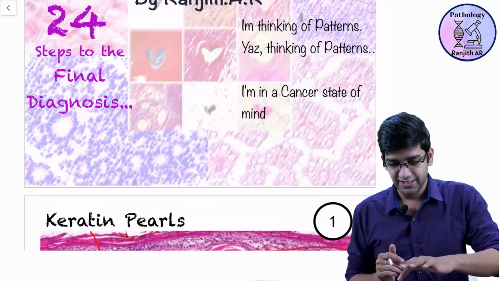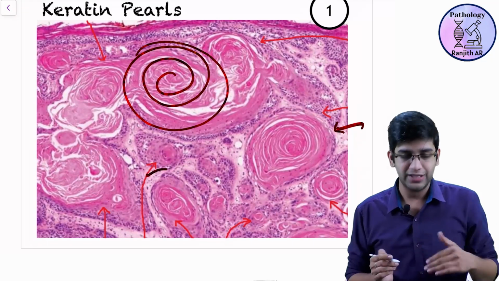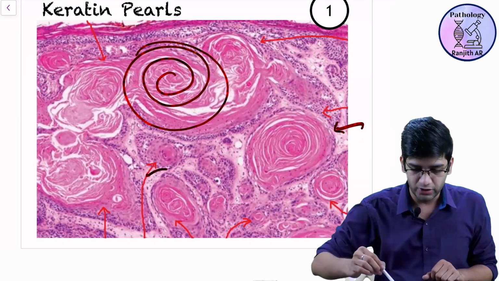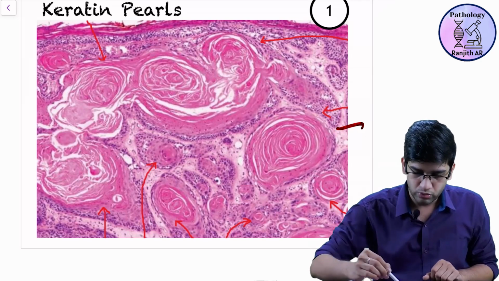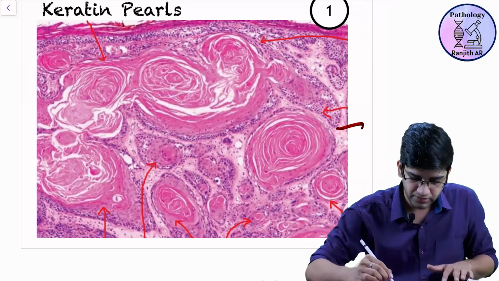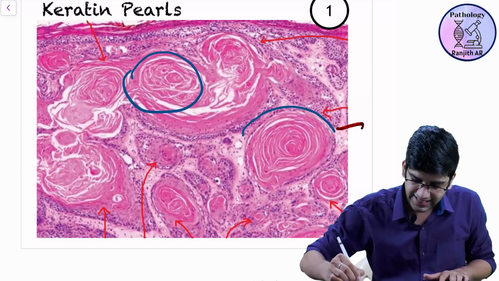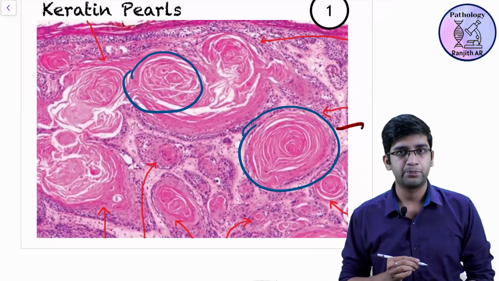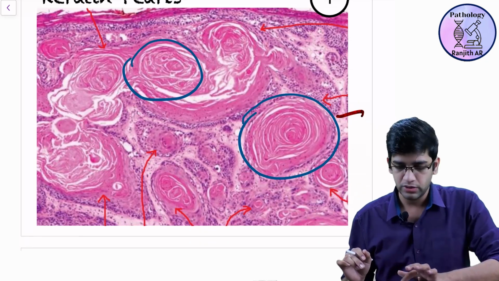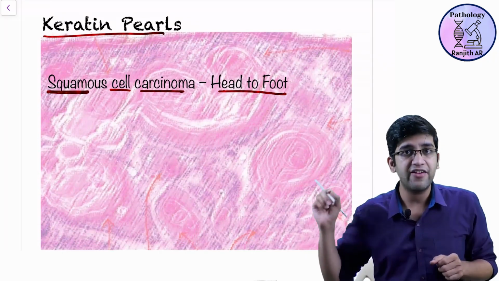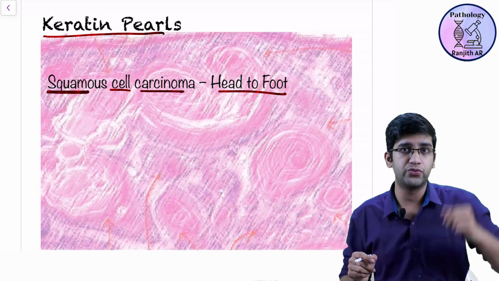Let's start. The first pattern, as I told, is keratin pearl. All these are things which I have drawn. This keratin pearl, the round things, will be written first on the top. These round, acellular, pink-colored whorls are keratin pearls. And as I said, keratin pearls will be seen in every squamous cell carcinoma from head to foot.